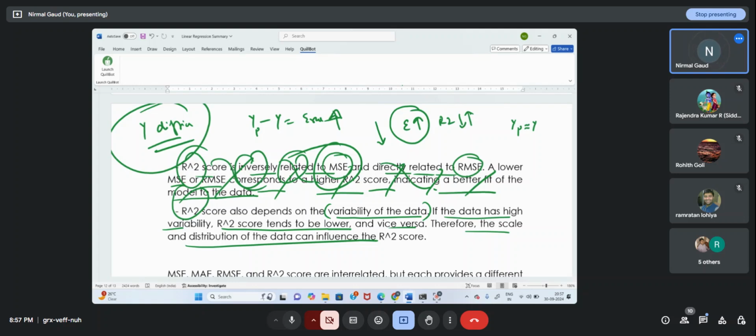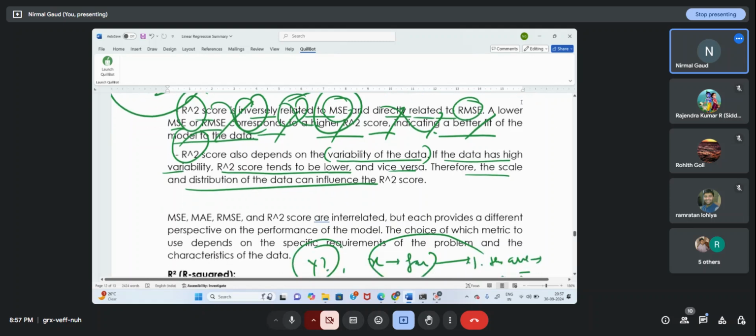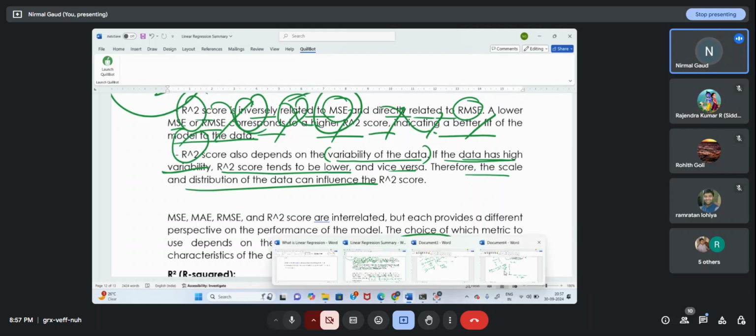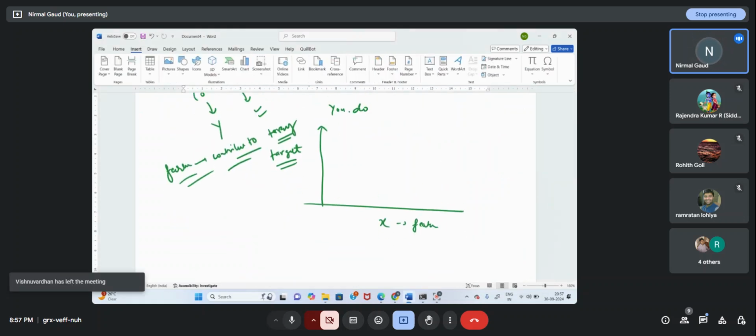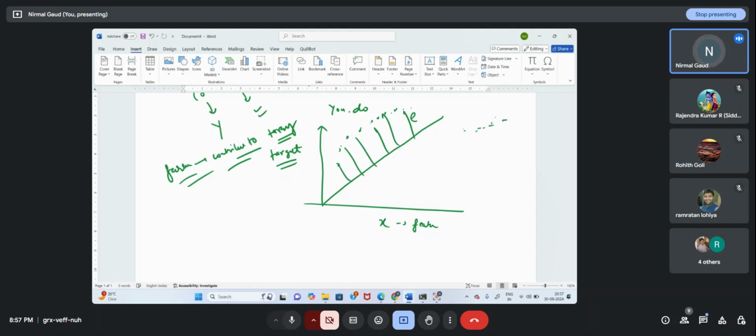Okay. And if the data has high variability, what does it mean? That means the points are widely distributed, very much far away. That's the reason error is more, because this is your best fit line and the points have high variance. They are very much away, so we have so much error.